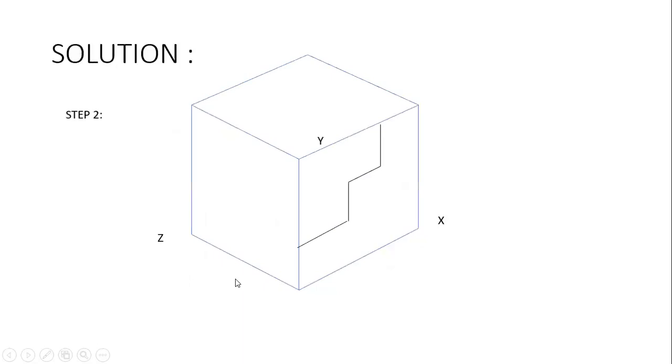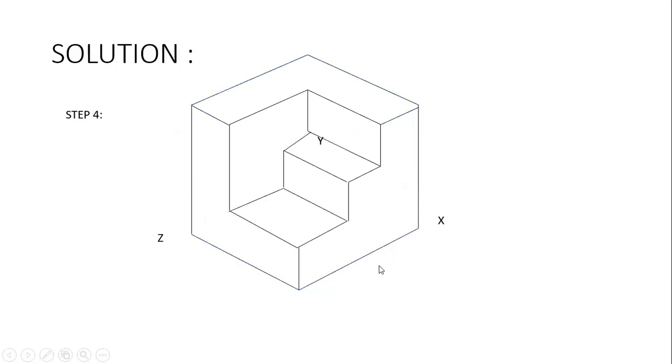So moving to step number 4, here draw a line for 20 and 40, 30, then again 20 mm. And in the last stage, we have to draw the visible lines in dark, thick lines.